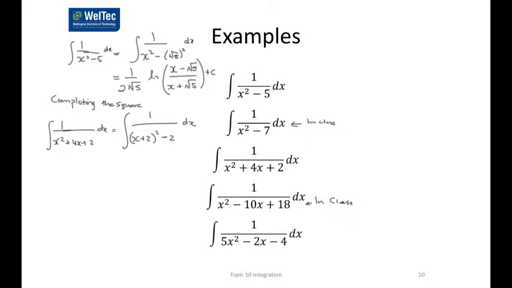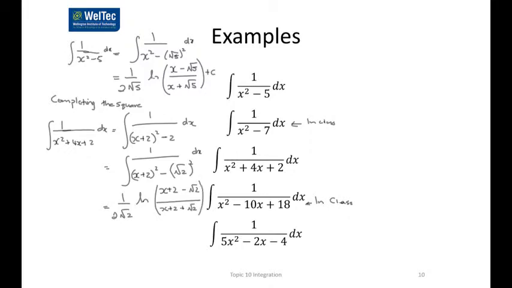Now, once it's in this format here, we can say, okay, if I have it as that bit squared minus the square root of 2 squared, then I can find that sort of one in the pattern, and it will be 1 over 2 root 2 times the natural log of x plus 2 minus root 2 over x plus 2 plus root 2 plus c.